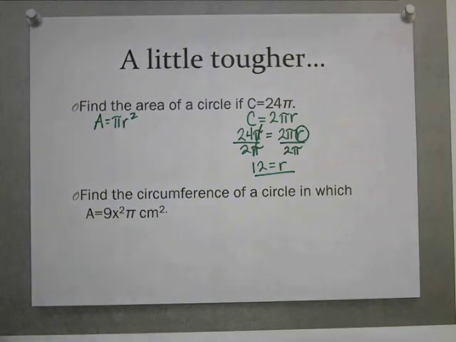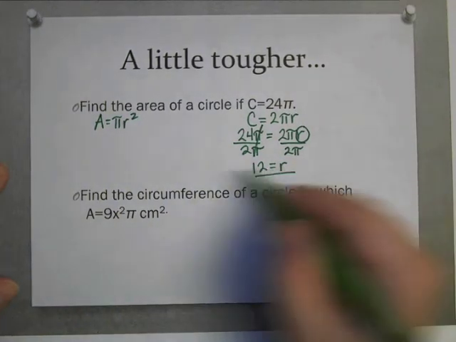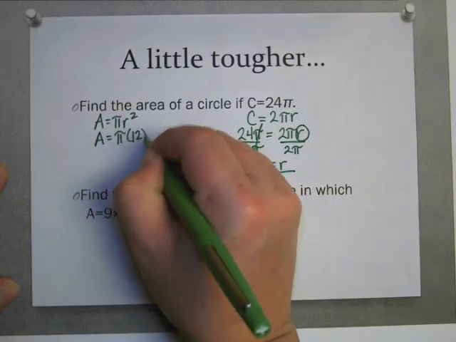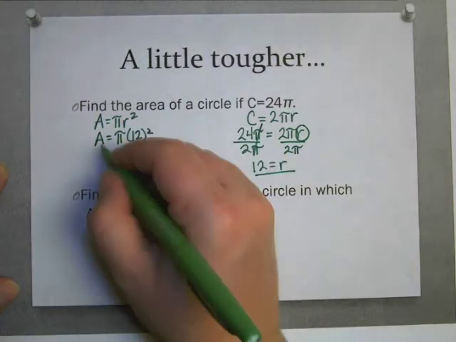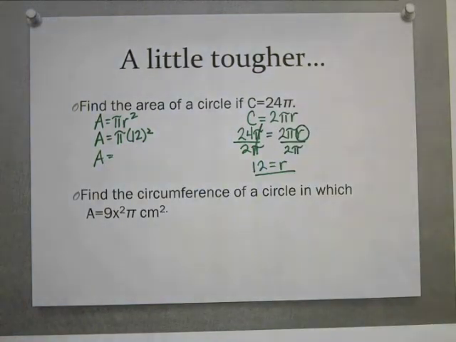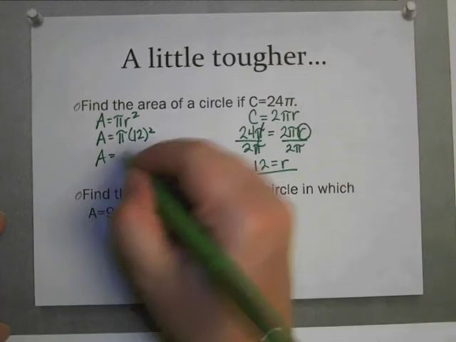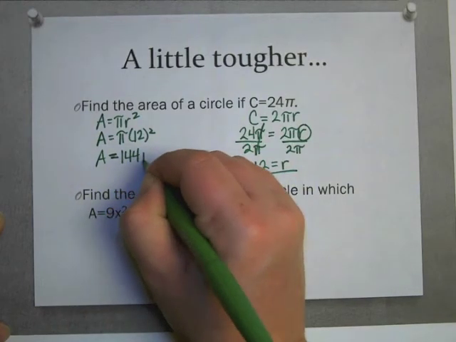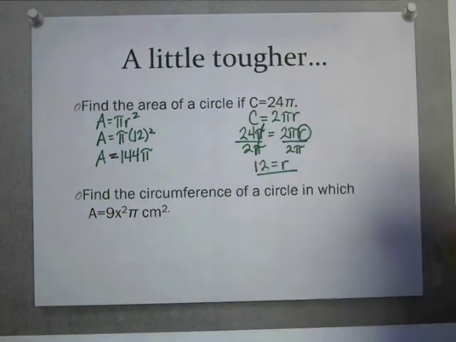Now that I know my radius is 12, I can find the area because I've got my r. I plug it in over here. Okay. It didn't say whether or not to leave it in terms of pi, or to keep it exact or approximate, so I don't care. I'm just going to leave it exact and put 144 pi.